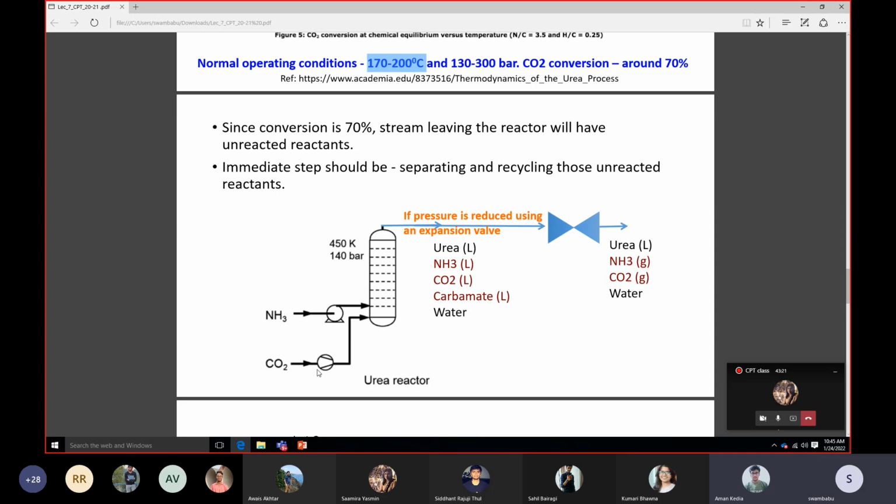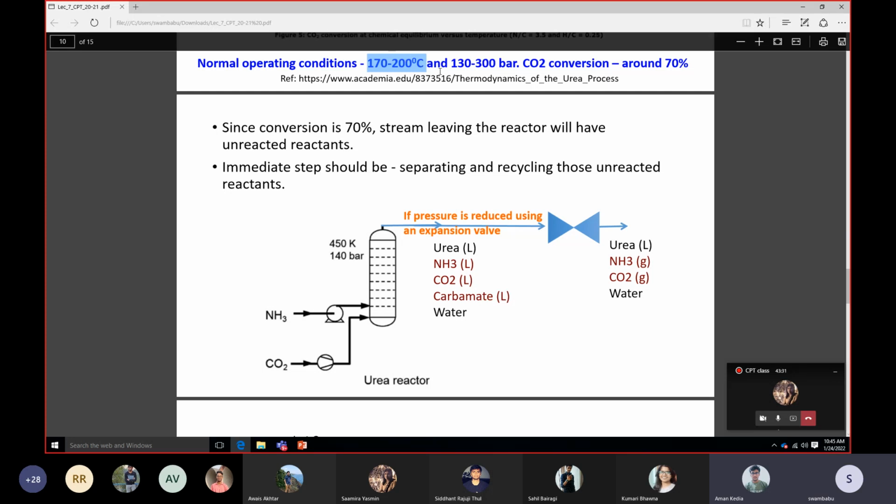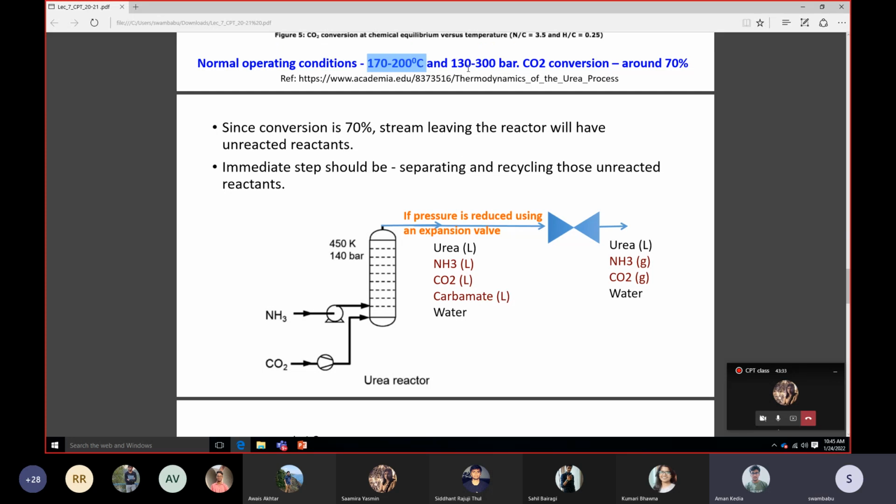CO2 is compressed, liquefied and introduced into the reactor. This reactor operates, as I said, at 170 to 200 degrees centigrade and 130 to 300 bar pressure, right?